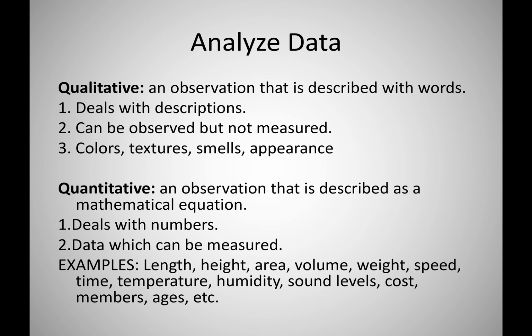Three, colors, textures, smells, appearances. Quantitative, quantity, is a number. It describes a mathematical equation. One, deals with numbers. Two, data which can be measured. And an example, length, height, area, volume, weight, speed, time, temperature, humidity, sound levels, cost, members, age, etc. Anything that measures numbers.